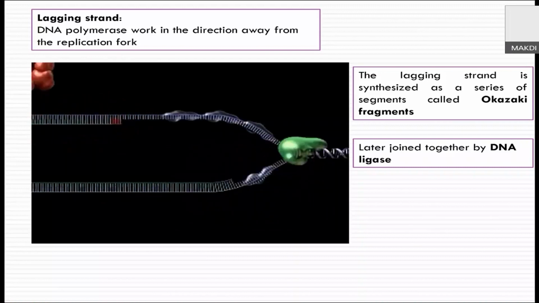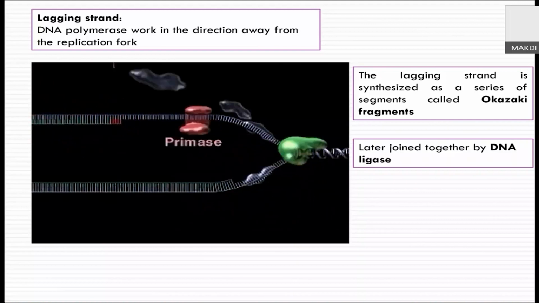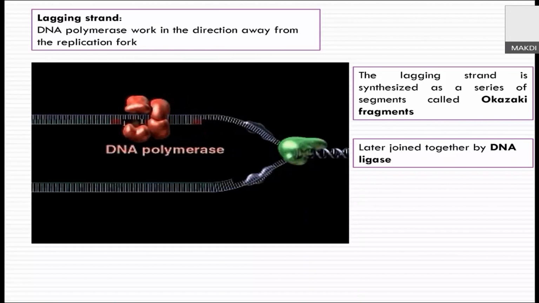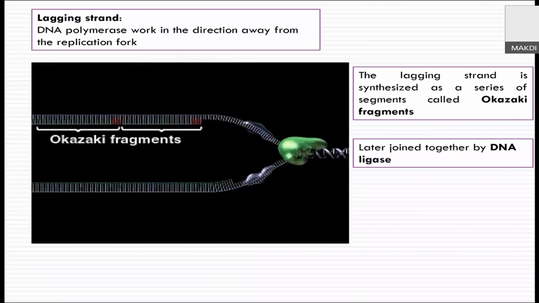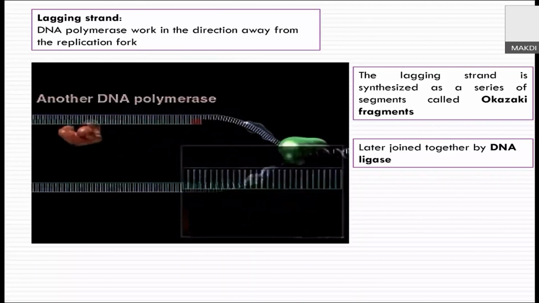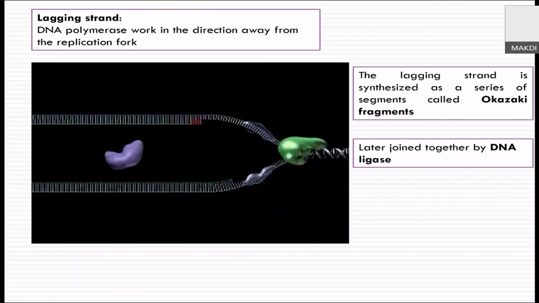The assembly process continues as primase makes new RNA primers and DNA polymerase adds DNA nucleotides to create more Okazaki fragments. After the fragments are made, another kind of DNA polymerase replaces each RNA primer with DNA. Next, the enzyme DNA ligase links the Okazaki fragments to form the lagging strand.